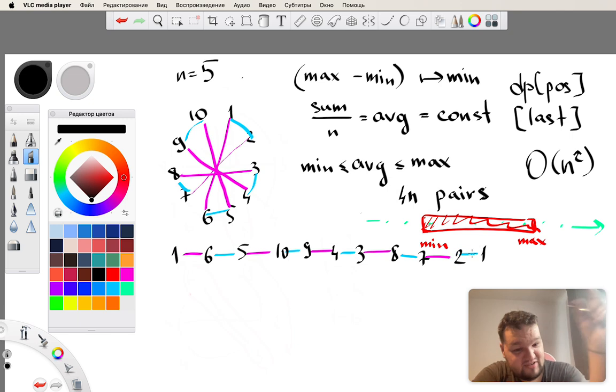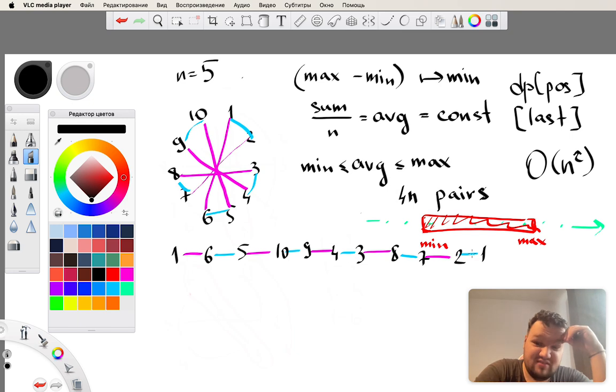Which is different from when n was even. When n was even, it was a lot of small cycles, n over 2 small cycles, to be precise. And here they're in one big cycle.